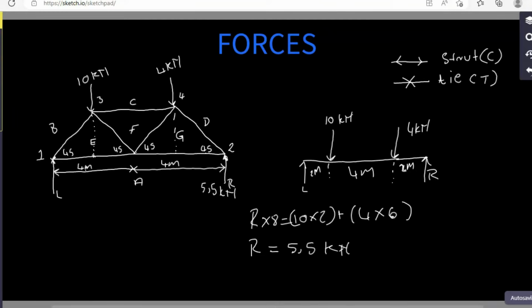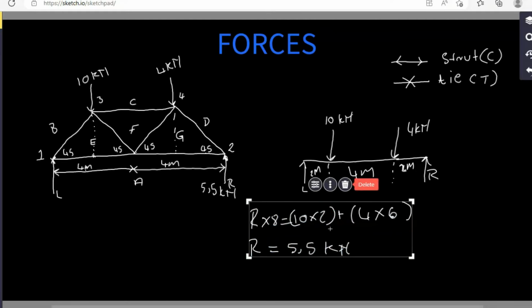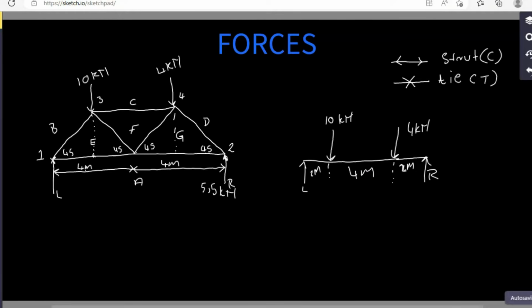We then take moments about R. Moments about R, L times 8, the distance between R and L is 8, is equal to 4 times 2 plus 10.